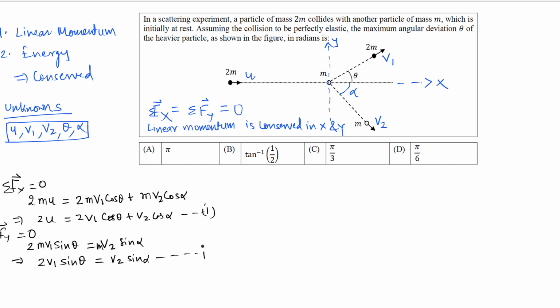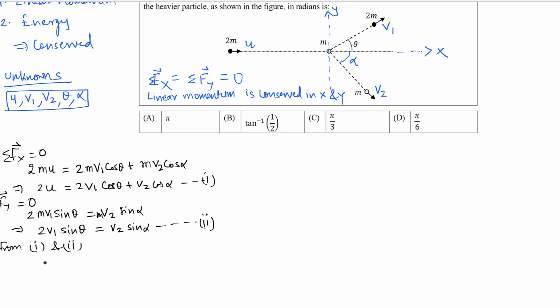Let's call this 2. So from 1 and 2 we can get 2u minus 2v1 cos theta equals v2 times the square root of 1 minus sine square alpha.